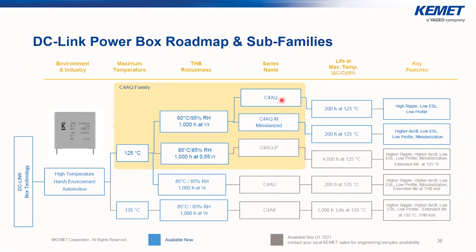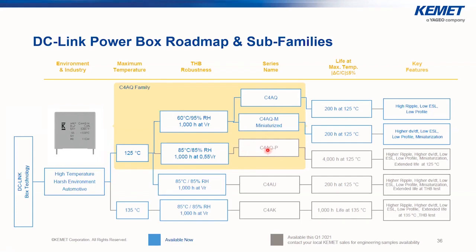And to select the right DC-Link family, you have to focus on two main parameters: the maximum operating temperature, for how long you need to operate at higher temperatures, and what your application THB requirements are. And once you have these two requirements, you can directly select the right capacitor series for your application.